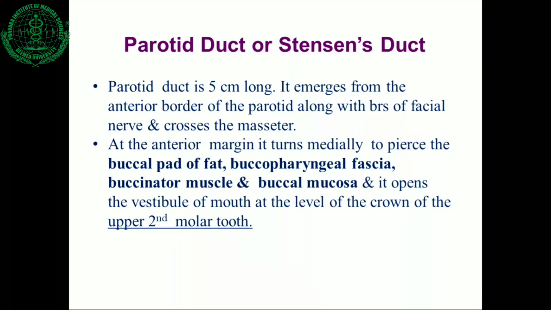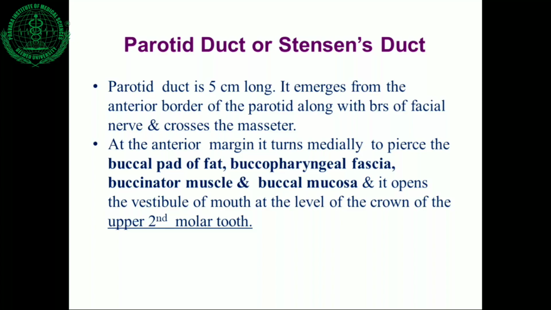The parotid duct was discovered by an anatomist known as Nicholas Stenson, and it is also known as Stenson's duct. Normally, the length of the parotid duct is about 5 centimeters.